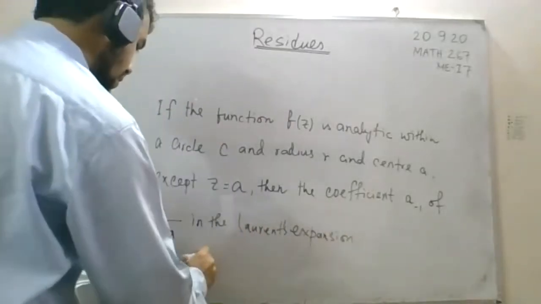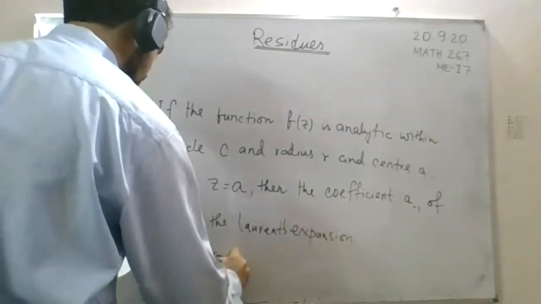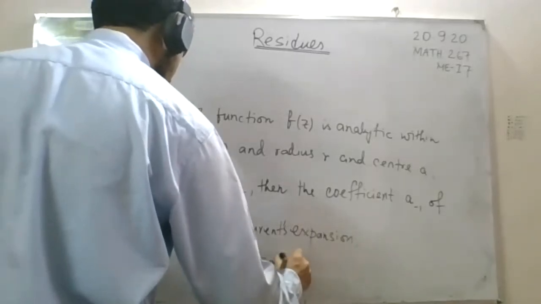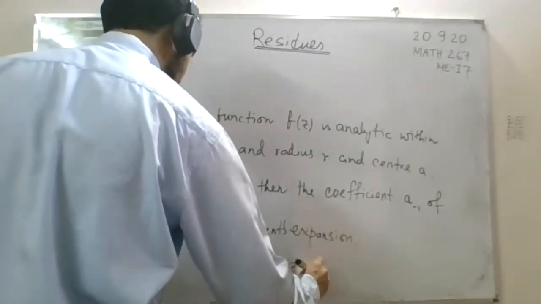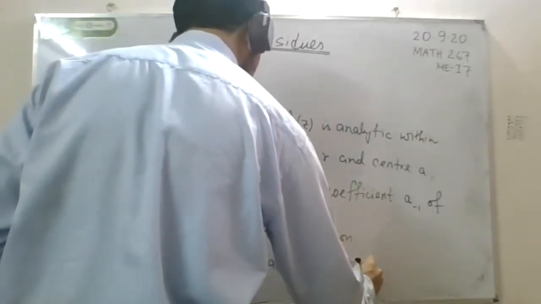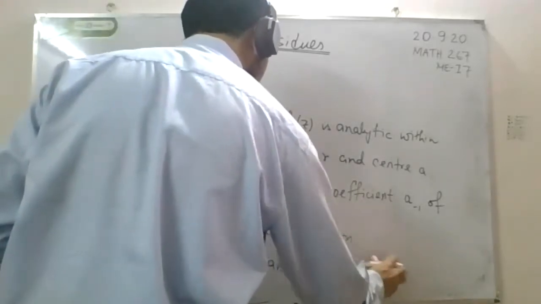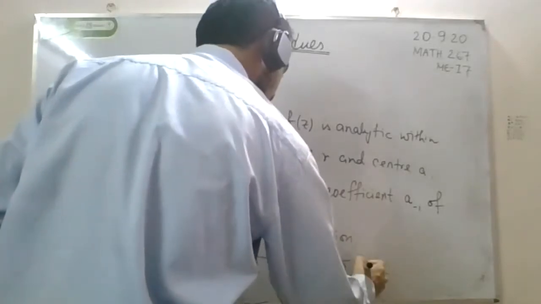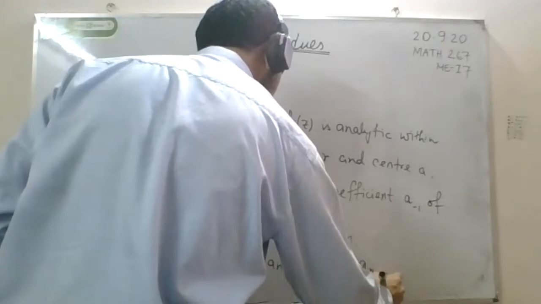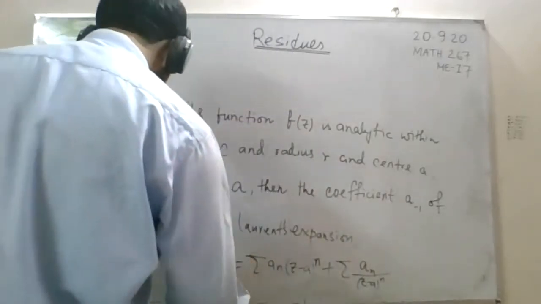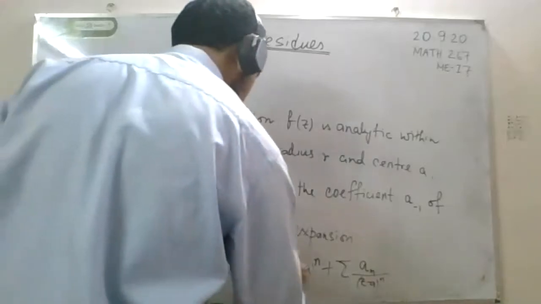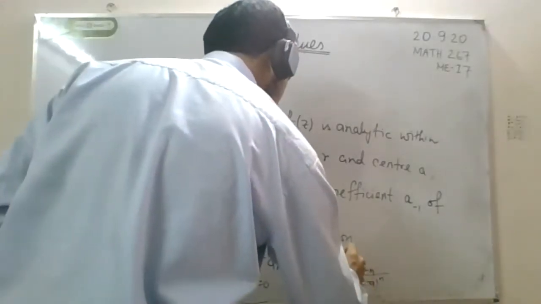We have seen before what the Laurent expansion is, which is f(z) equals the summation of a_n (z minus a) to the power n, and also the summation of a_minus n divided by (z minus a) to the power n. Here n equals 0 to infinity, and this is n equals 1 to infinity.